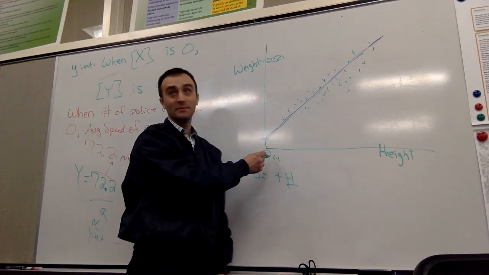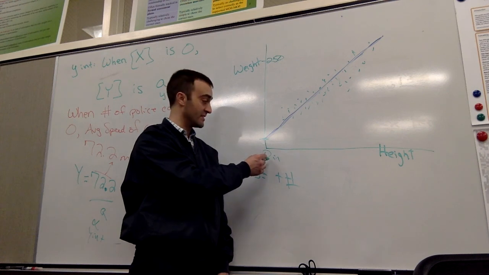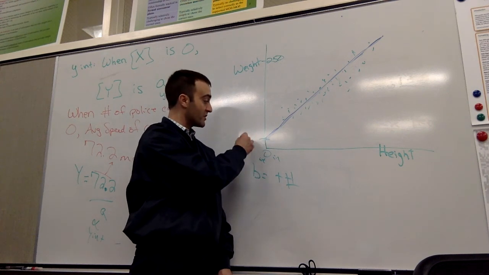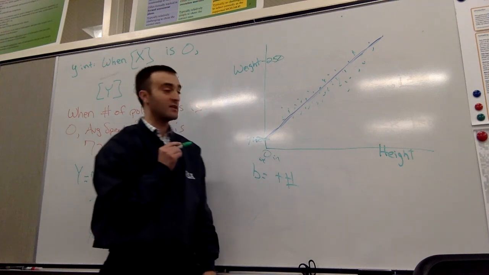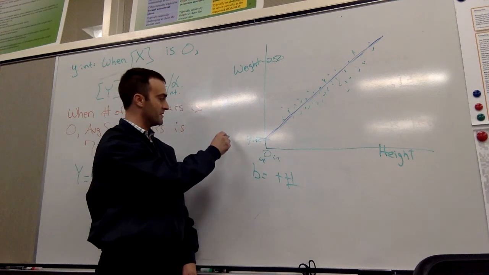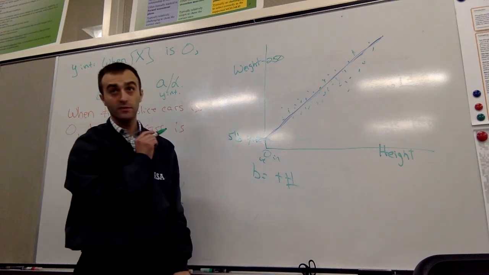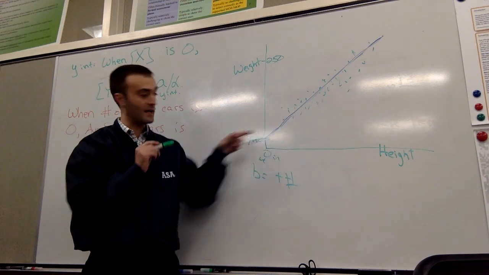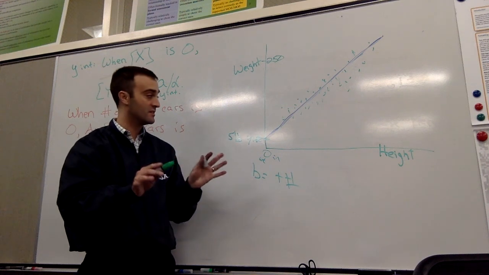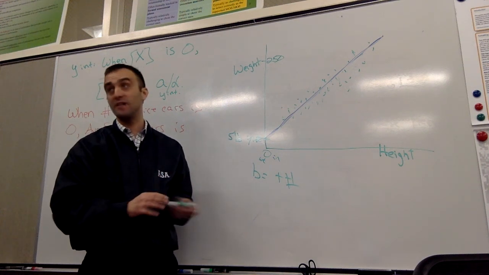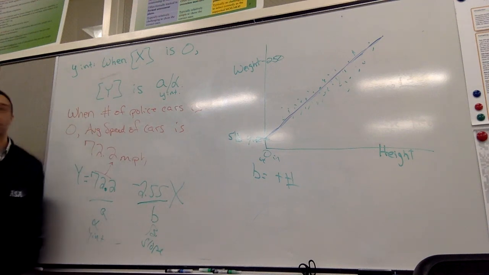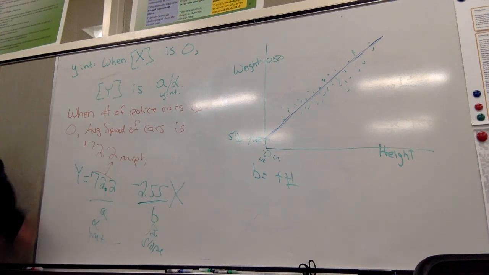But it's not possible to have a situation where an individual in society has no height. You will get a y-intercept. Somebody that doesn't have any height will weigh, I don't know what that number is, maybe it's 5 pounds. But that's just because the computer has to put a best fitting line, there has to be a y-intercept. In this case, x being 0 is not possible. The y-intercept, you wouldn't interpret it, it makes no sense. It's just there to finish the equation off.